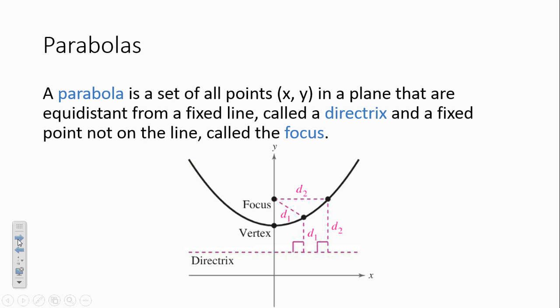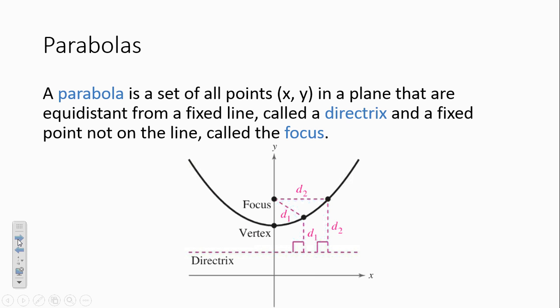So a parabola has the shape itself plus a focus and a directrix. The points on that parabola are equidistant from the focus and that line called the directrix.